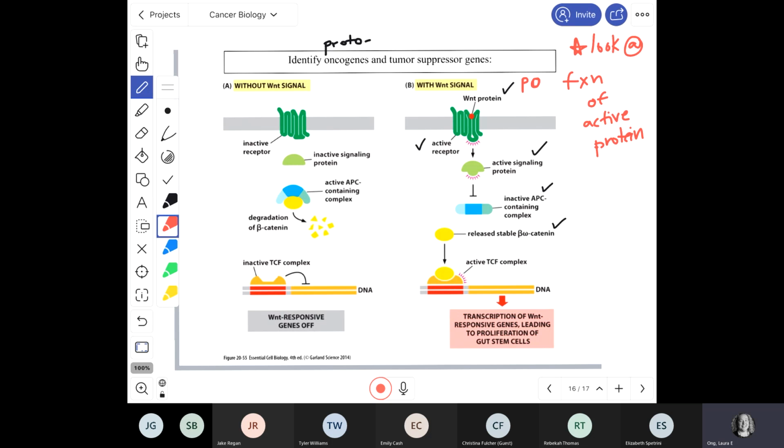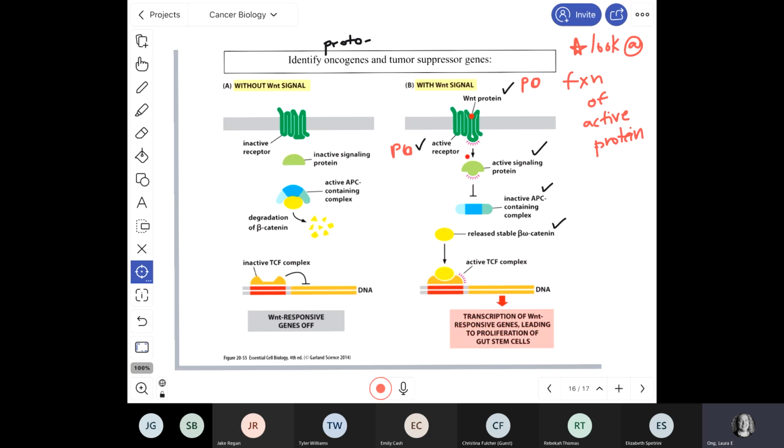Its normal basic function is to promote cell division. We would also say that the GPCR that is binding Wnt, when it's activated, its function is to promote cell division. So it would also be a proto-oncogene. This protein, when it's active and signaling, is blocking this other protein, but that essentially is going to promote cell division.